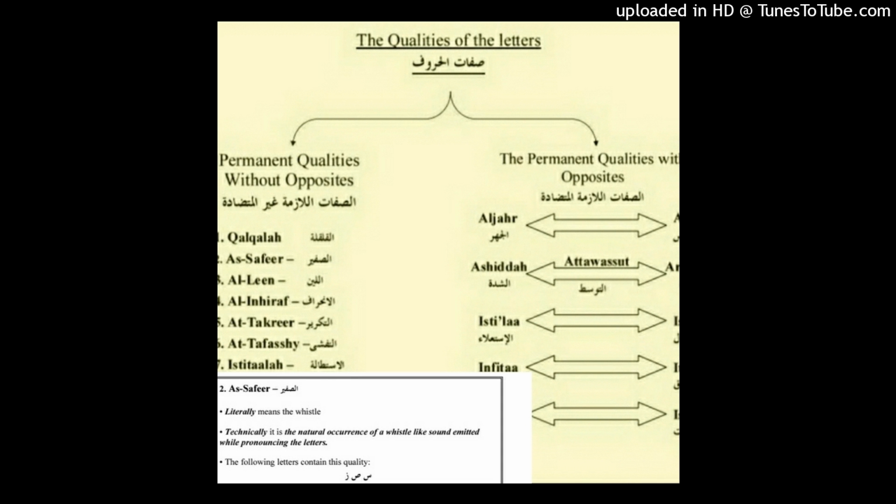In that case, we have the lowest level, very weak, and also very short. These are the cases of the qalqala we took, and we can say it is one of the permanent qualities that we should add to the letters all the time, the letters of the qalqala, and it has no opposite.